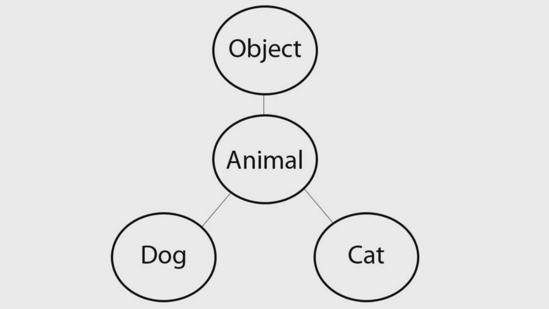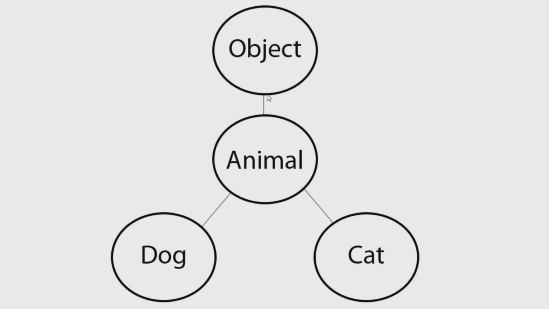So what is method overriding? Method overriding is just when the child class overrides the parent class's method. For example, in our example, we go back to our diagram. We have our object, animal, dog, and cat class. What we're going to do is override the toString method.